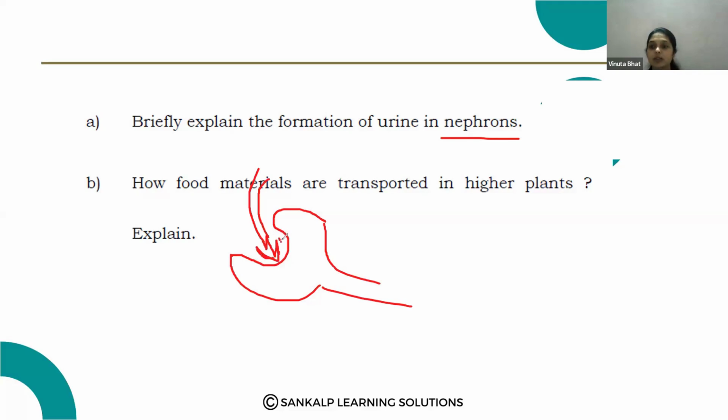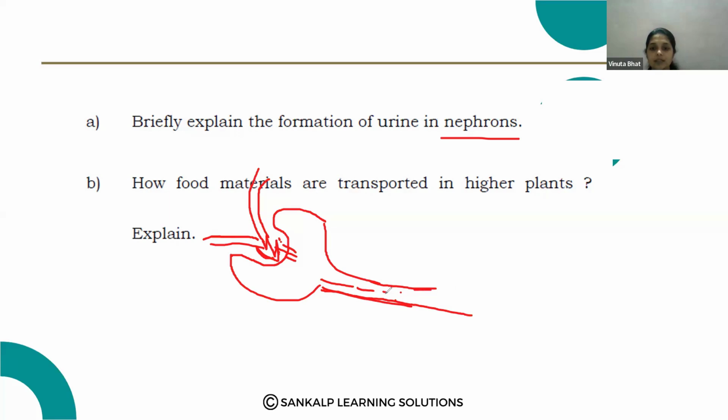The impurities or nitrogenous waste and some essential materials also pass into the tube in the form of filtrate, and the remaining pure blood is transported back to the heart.